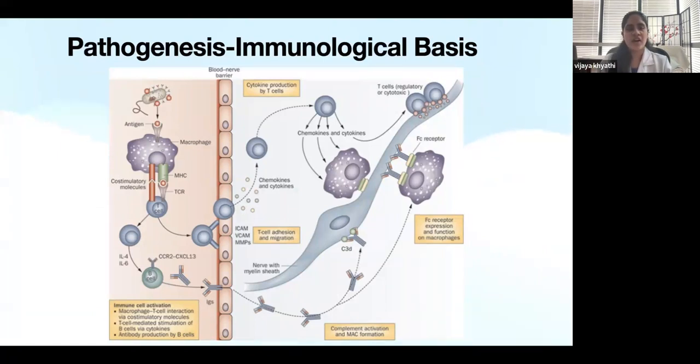Cell-mediated involves T cell activation, with activated T cells crossing the blood-brain barrier, and activation of cytokines, interleukins, and interferons. And humoral immunity is mostly characterized by deposition of immunoglobulins and complement proteins in myelinated nerve sheaths.